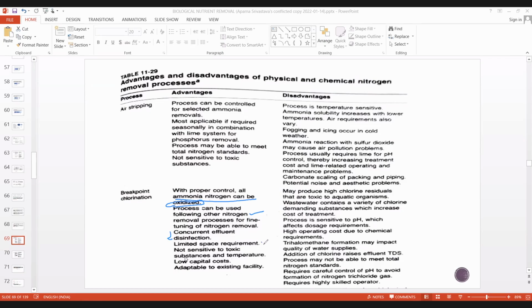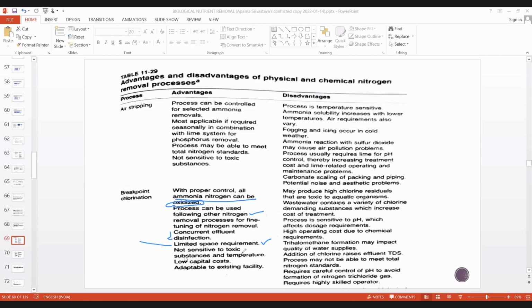Limited space is required because a very small reactor is needed, as contact time is very short. Space is totally dependent upon the contact time, and chlorination is one of the fastest oxidation methods for any pollutant removal.